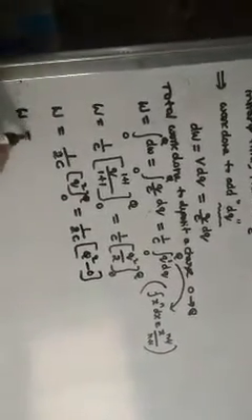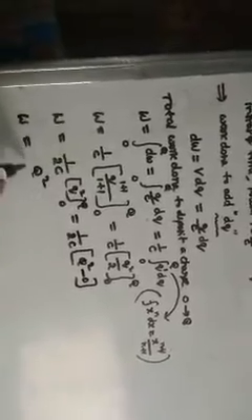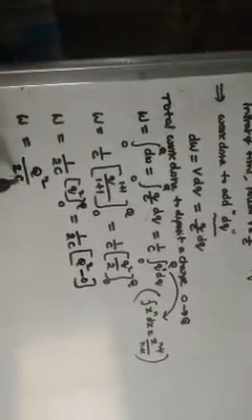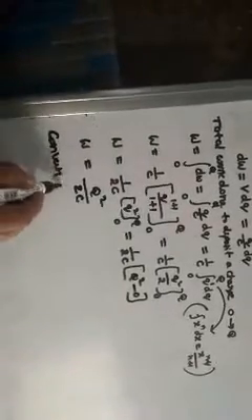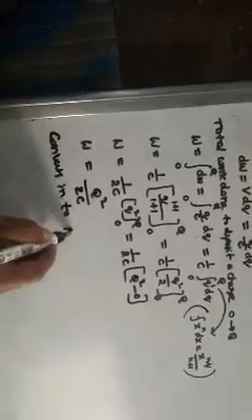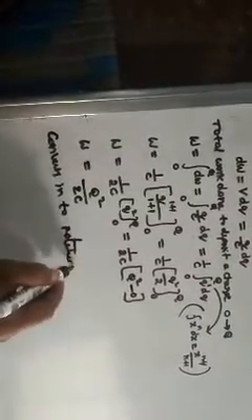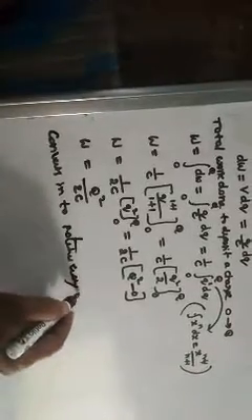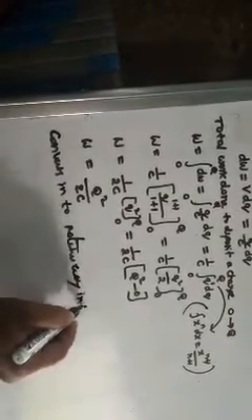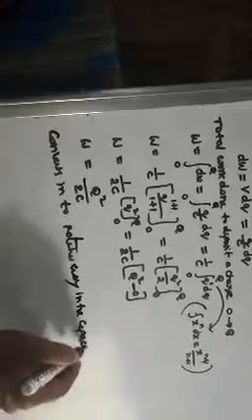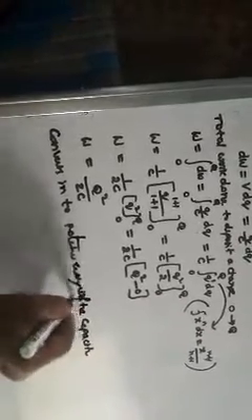So finally the total amount of work done is nothing but Q square by 2C. This work done converts into potential energy, stored as potential energy of the capacitor.